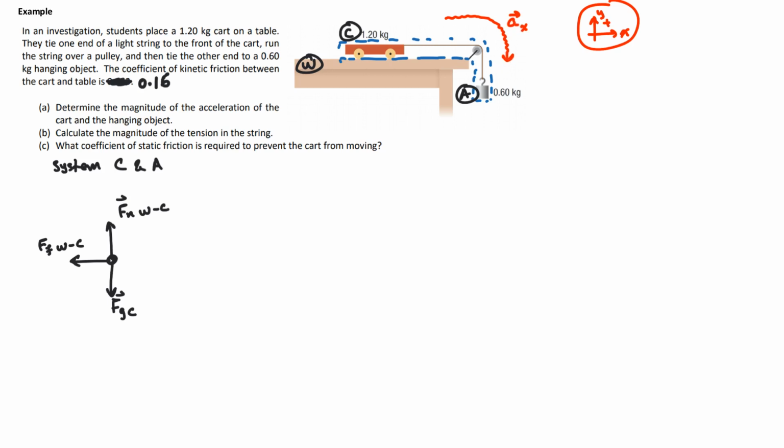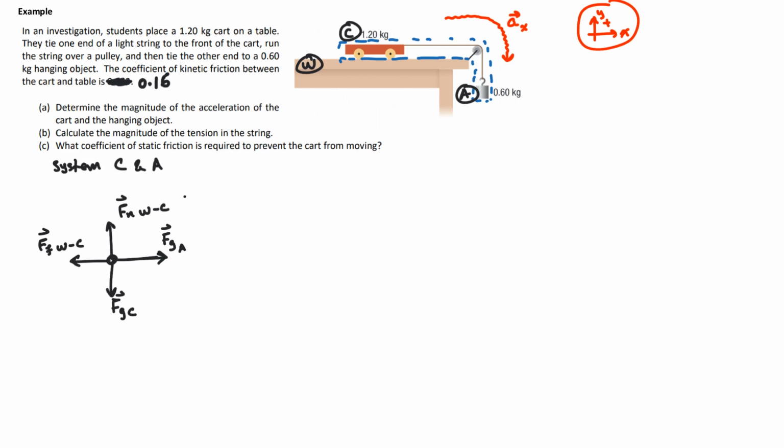And anything that's parallel to my acceleration, I will be drawing in the x direction. Since it's going down and in the same direction as my acceleration, I'm going to draw it in the positive x direction. We are thinking that this is going to accelerate, so I'm going to draw this force slightly bigger, and this is going to be the gravitational force acting on A.